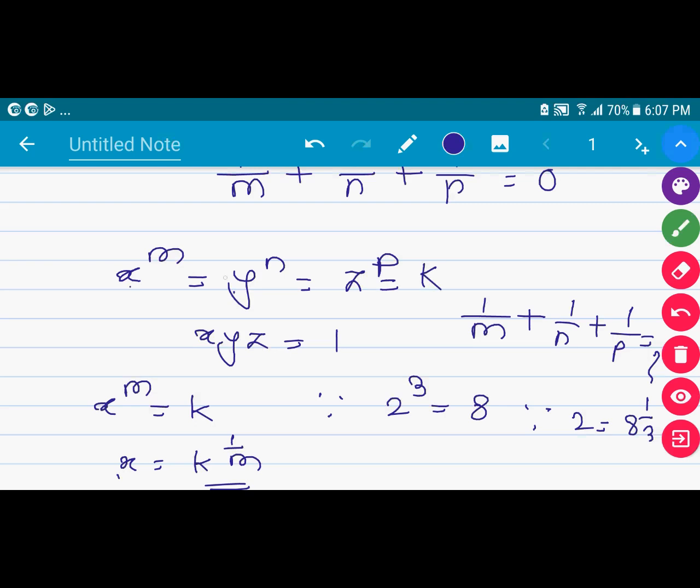I had assumed x raised to m is equal to y raised to n is equal to z raised to p is equal to k. So x is equal to k raised to 1 by m, y is equal to k raised to 1 by n and z is equal to k raised to 1 by p.